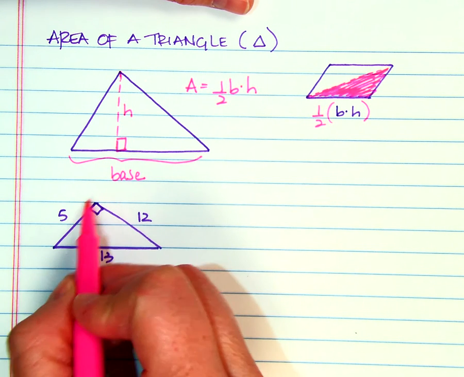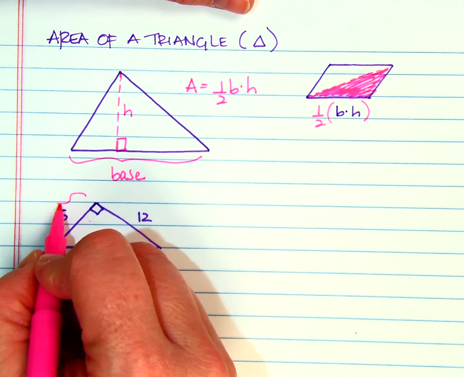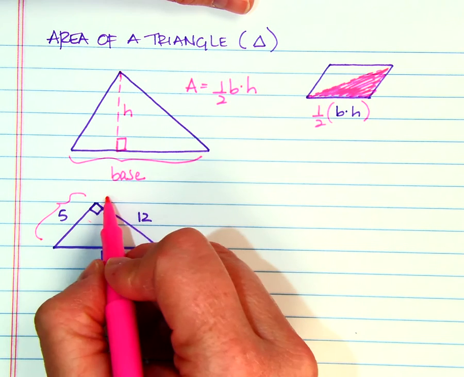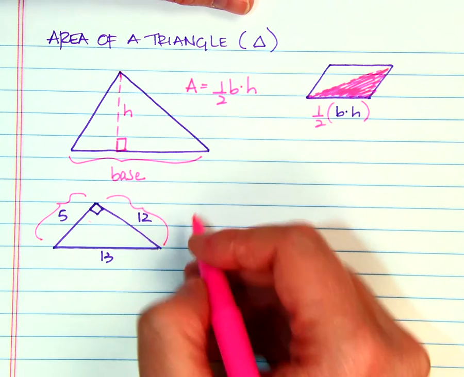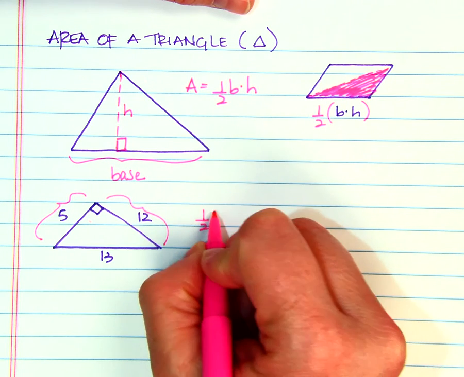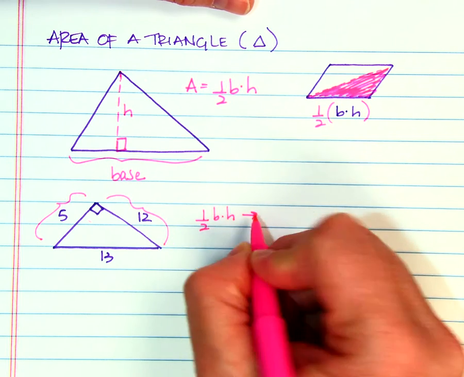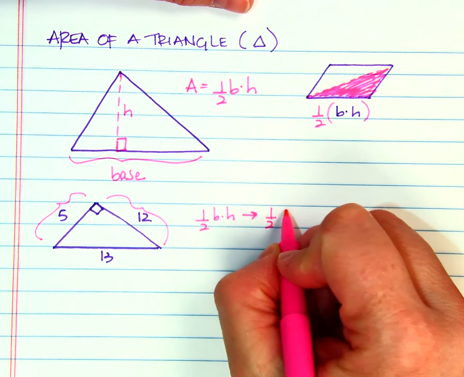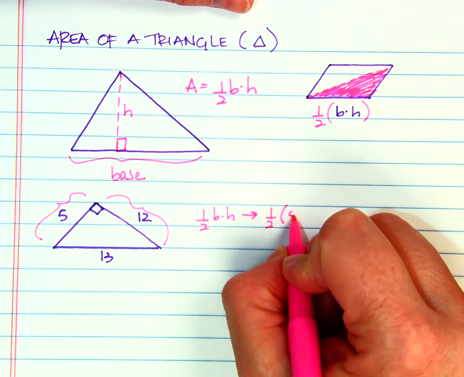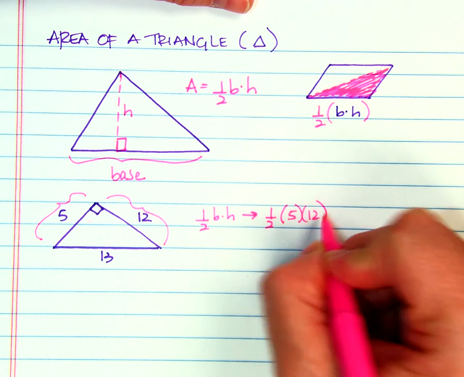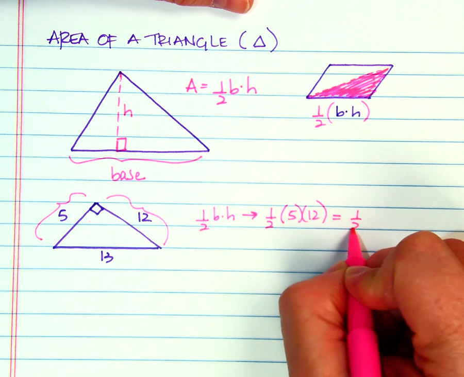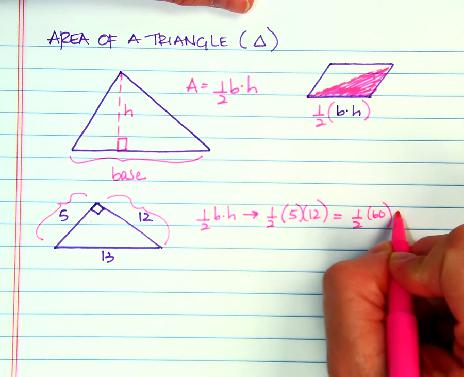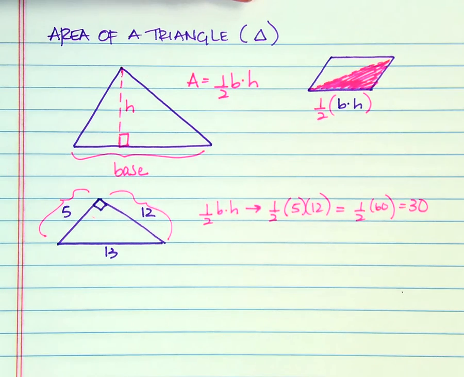So there's my perpendicular. So that means this is either my base or my height, and that's the other one. So this would be 1/2 base times height, which would be 1/2 times 5 times 12, which gives me 1/2 of 60, which gives me a measurement of 30.